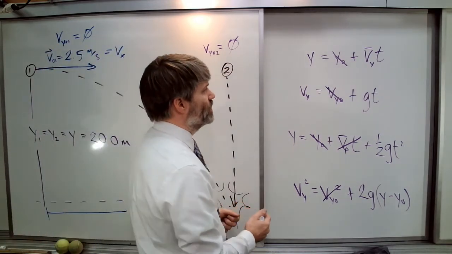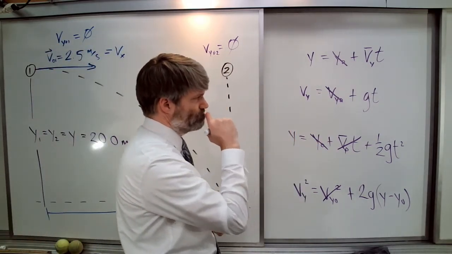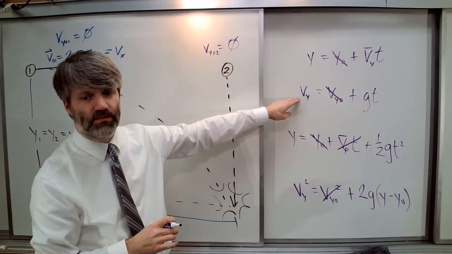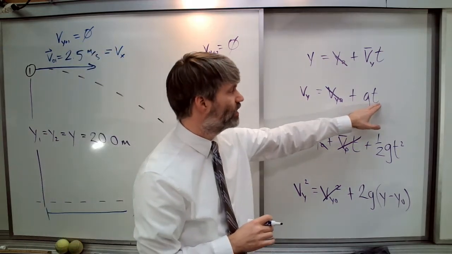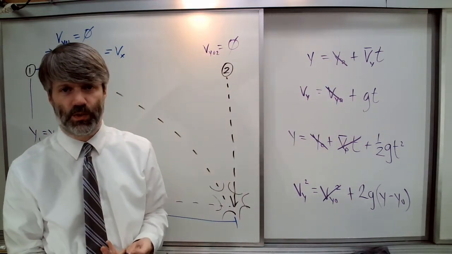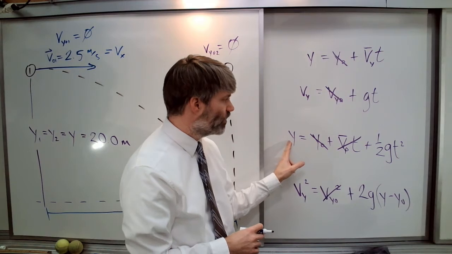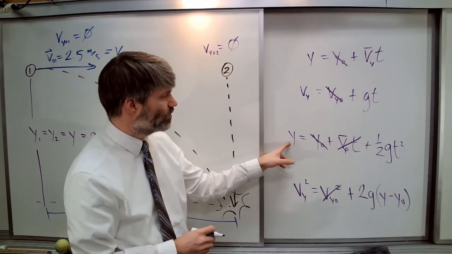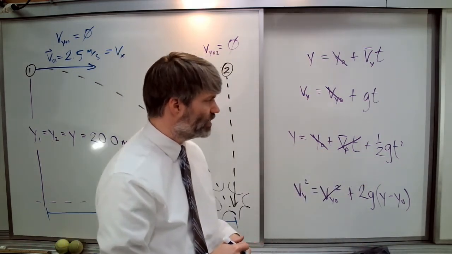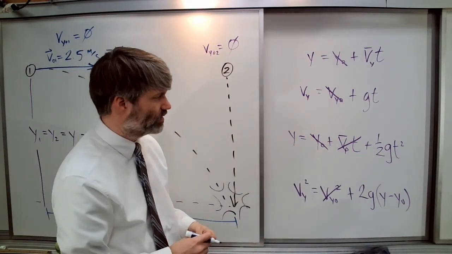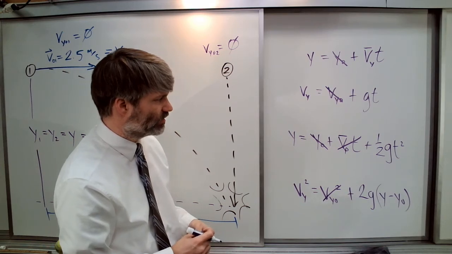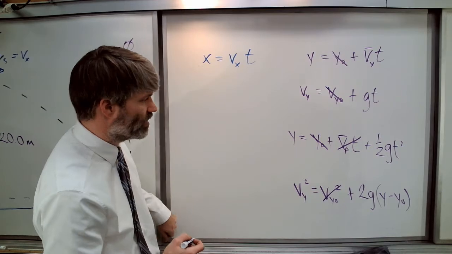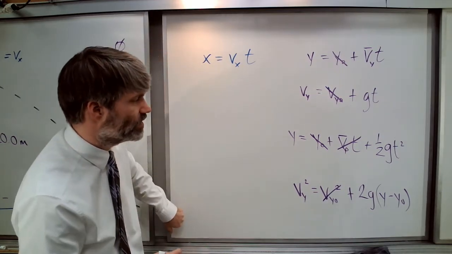Well, let's not rule it out just yet, because we can find the final y velocity with this one. Well, the question is, do we need it? y equals 1/2 g t squared. We know y, we know g, so we can find t fairly easily from that. Alright, let's just go with that. Why go with a more difficult equation when an easier one will do?